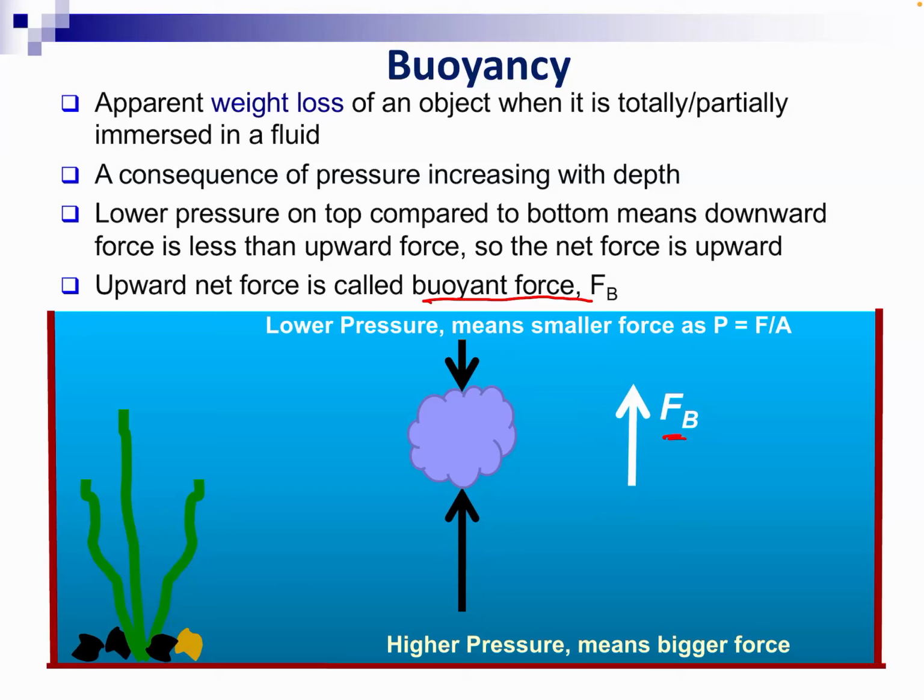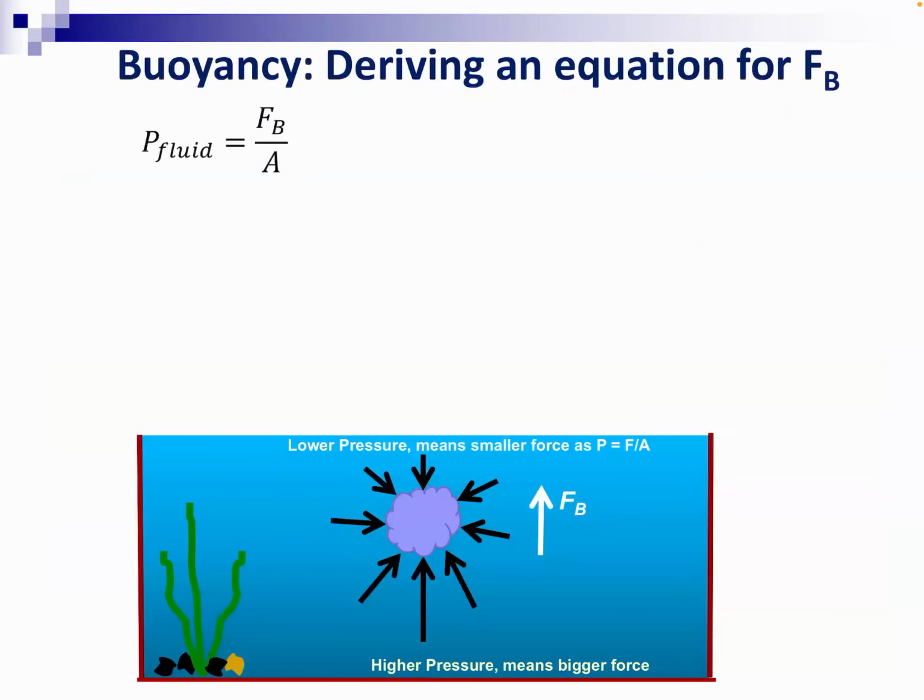Right. So the buoyant force is exerted by the fluid on the object that's submerged in the fluid. Let's derive an equation for this buoyant force. We know that the pressure exerted by the fluid is equal to force divided by area.